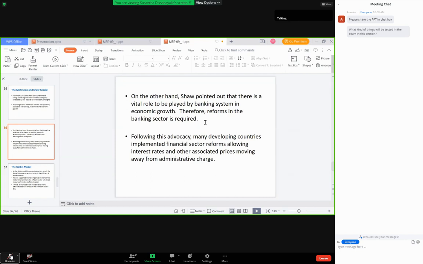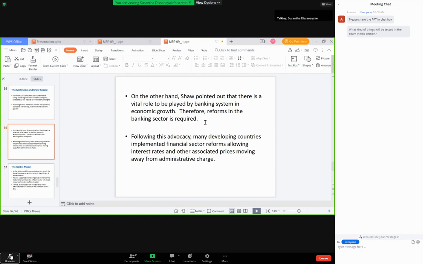So the banking sector is also developing. The government is also utilizing this money in a productive manner. Here we are talking about productive investment. Once the government is utilizing this money for productive investments, ultimately that government investment also benefits economic growth.